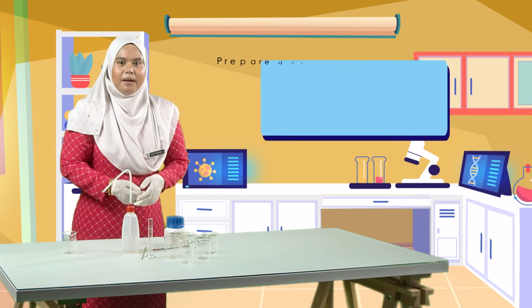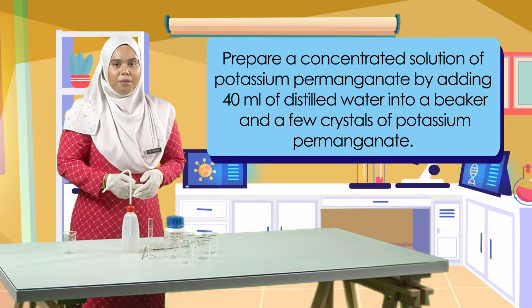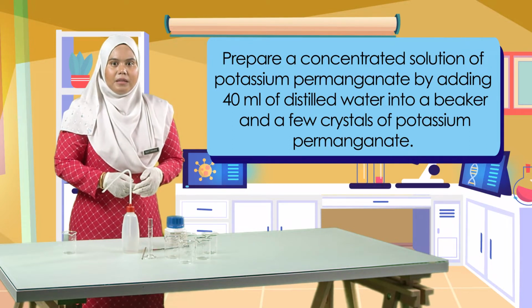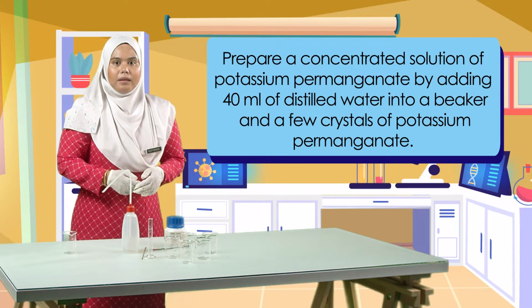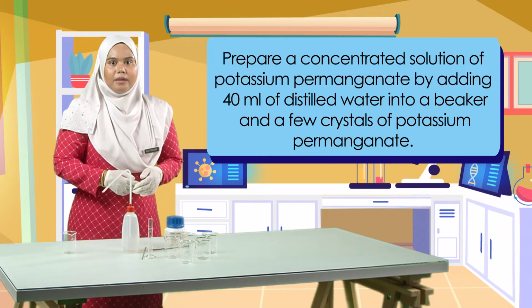Next, prepare a concentrated solution of potassium permanganate by adding 40 ml of distilled water into a beaker and a few crystals of potassium permanganate.